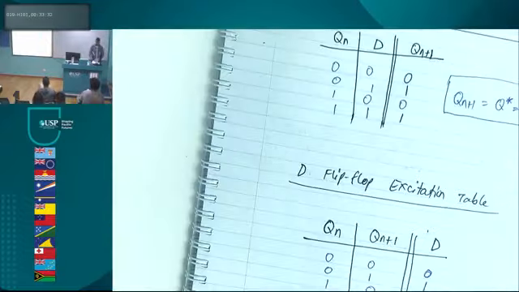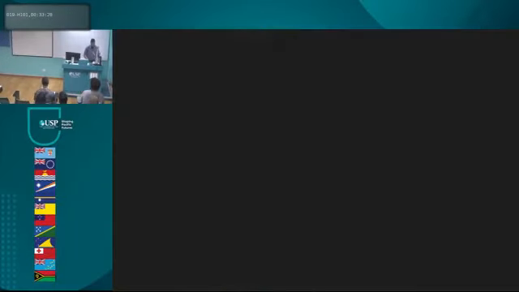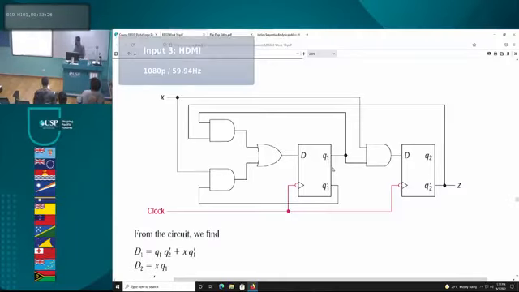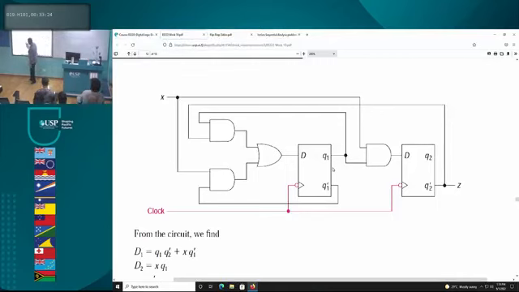So let's correct it straight away. It's good that we are revising. Let's come back here. And then that's ORed with, what's this? Q1 bar and X. Q1 bar and X.